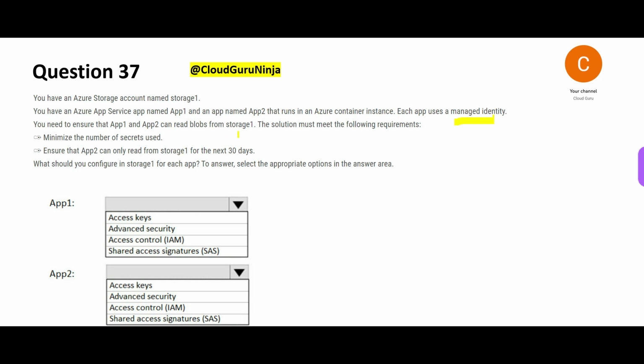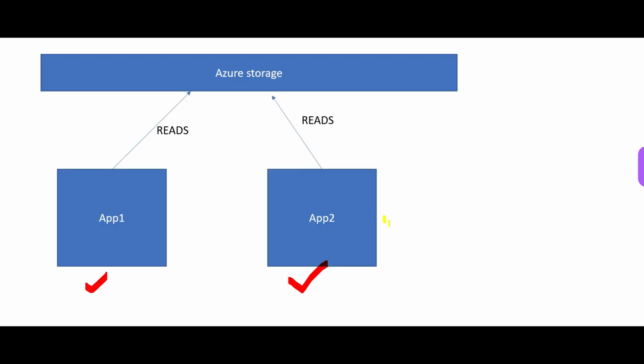Now there are two key scenarios here. If you see these two key scenarios, app 2 should read this storage only for 30 days. That means it is temporary. The moment you see something as temporary, you should go for shared access signatures.